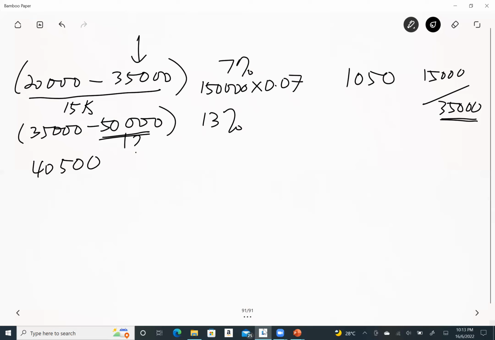You take the difference: 40,500 minus 35,000, which is 5,500. So that is the amount of income for which we have to pay tax on for this bracket.